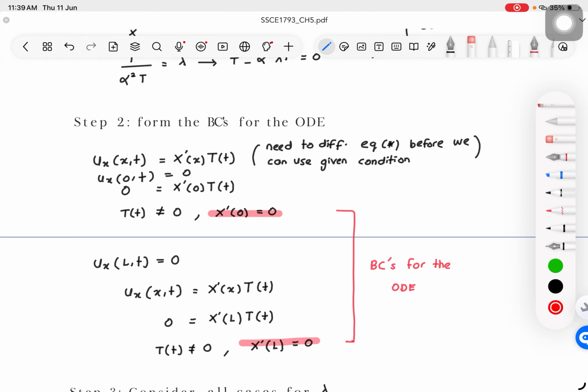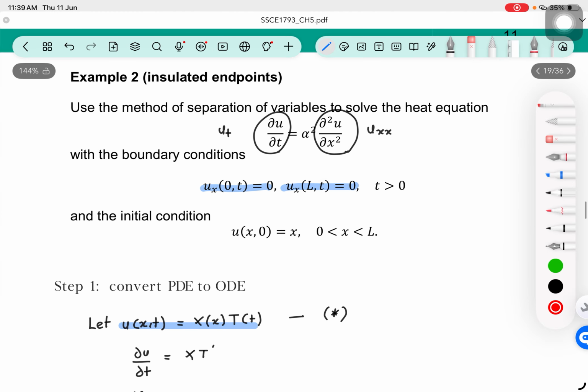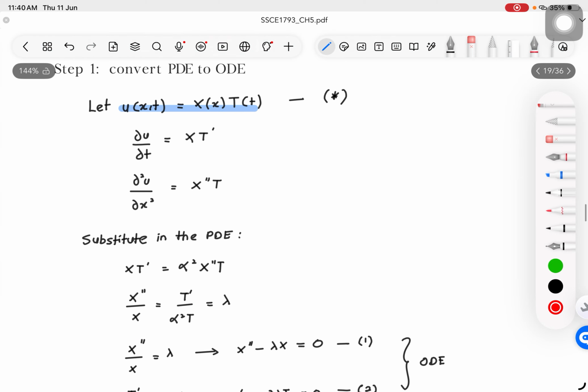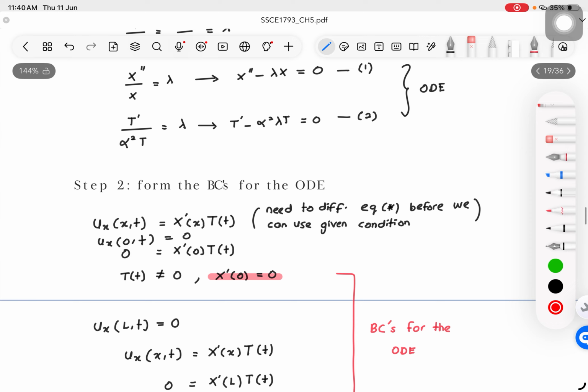Now you need to see the boundary conditions given in the question. They involve u_x, meaning you need to find u_x, because you already assume the function u is equal to X(x)T(t). So u_x is equal to X prime(x)T(t), meaning we differentiate the function u with respect to x.